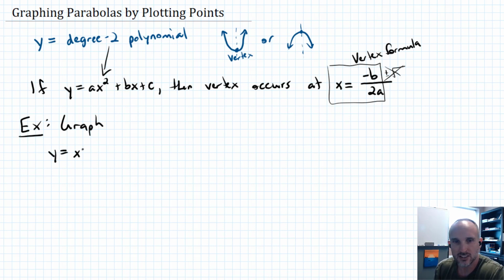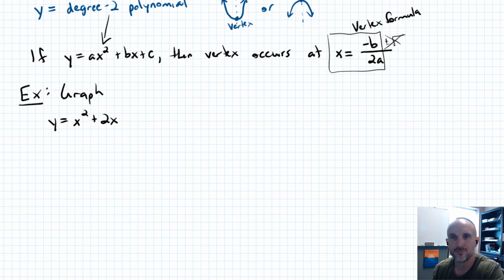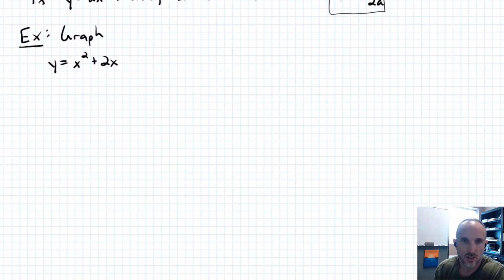y equals x squared plus 2x. And we know this is a parabola because this is degree 2 on the right side. So I'm going to go ahead and find the vertex. So I know the vertex is going to happen at x equals negative 2 over, so that's negative b over 2 times 1, which is 2.